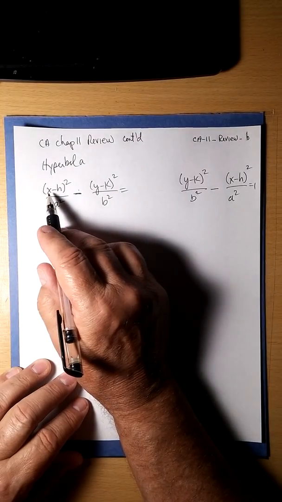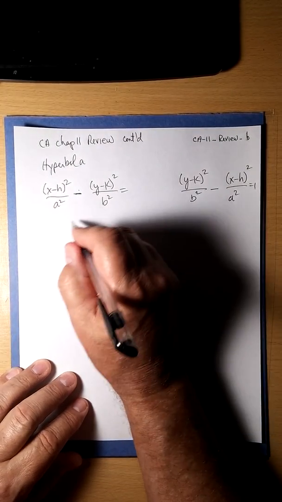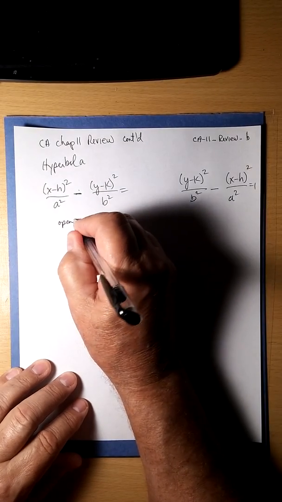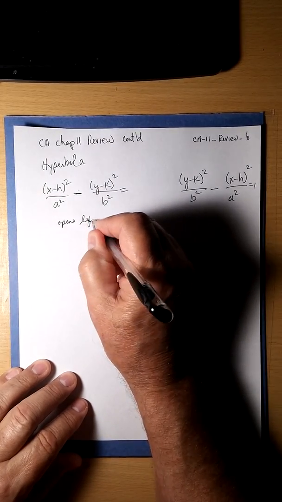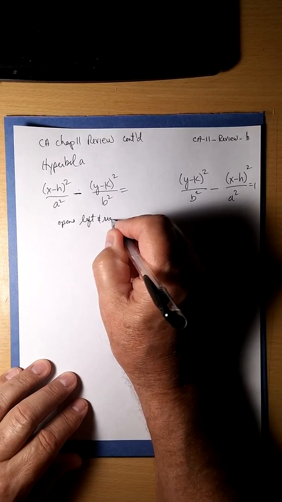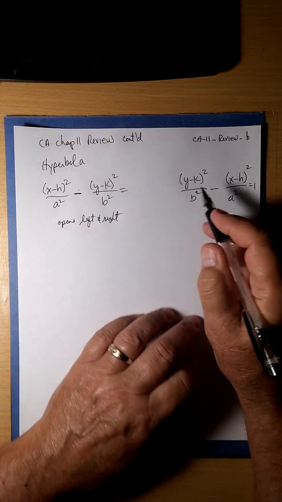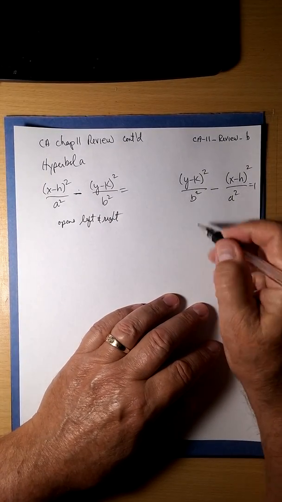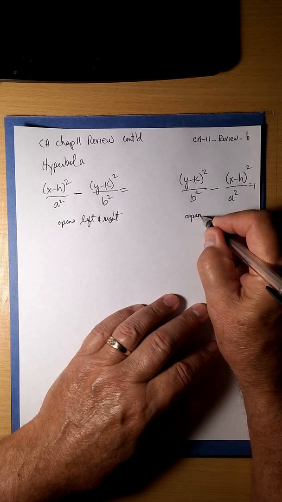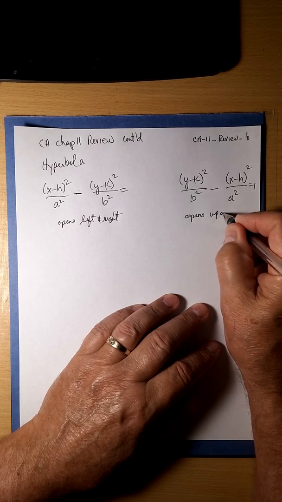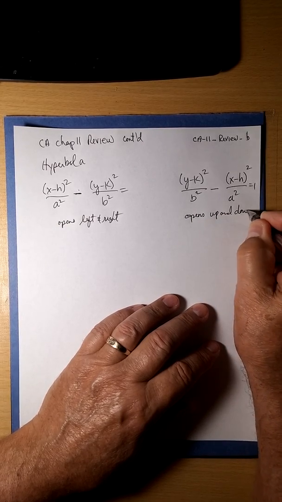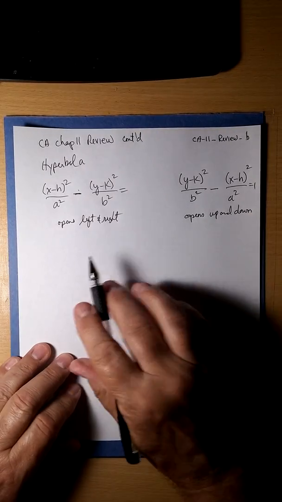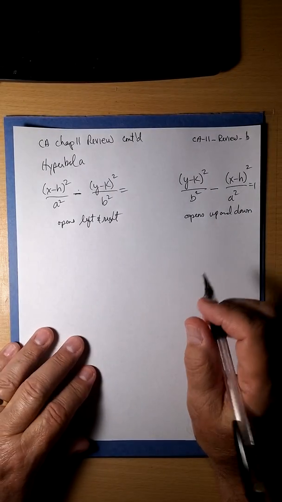When the x is first, the positive, this opens left and right. When the y is first, the positive, this opens up and down. But they both begin the same way.